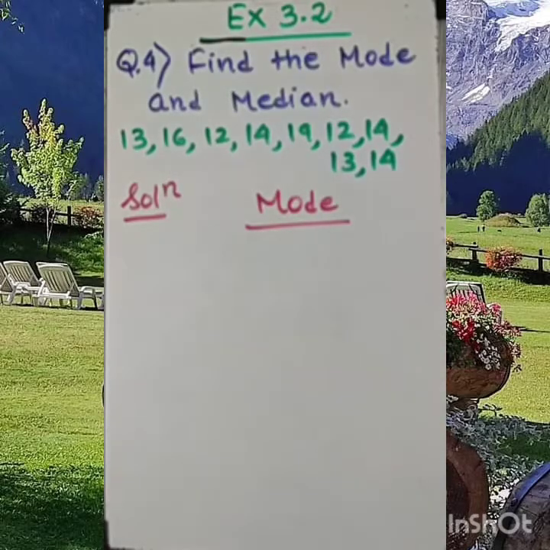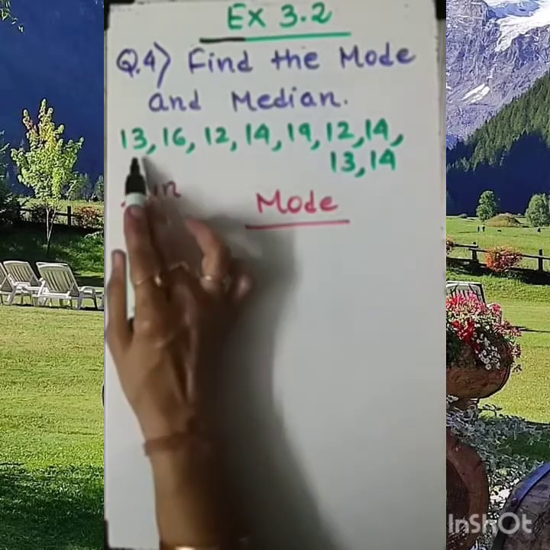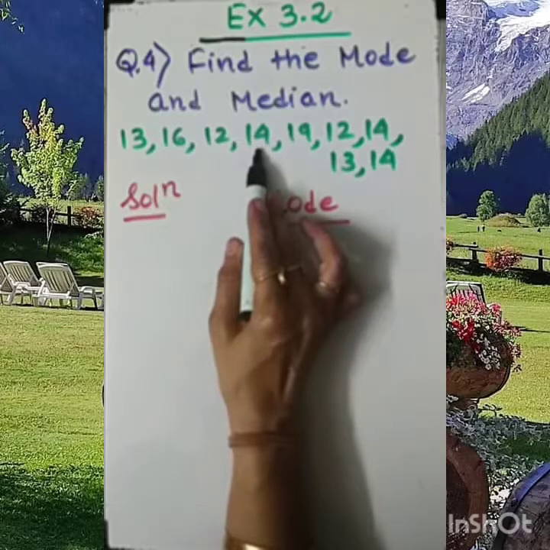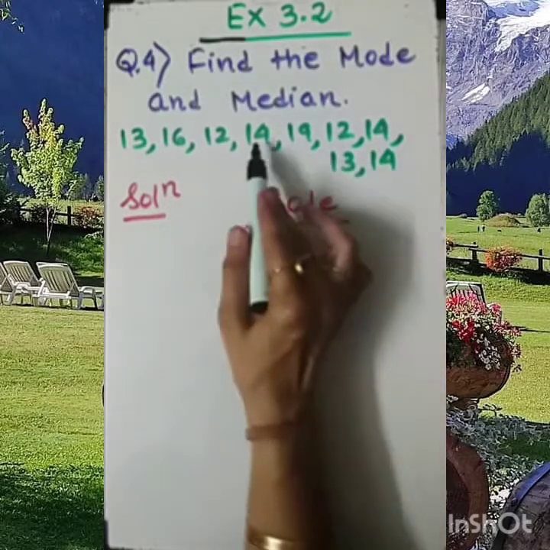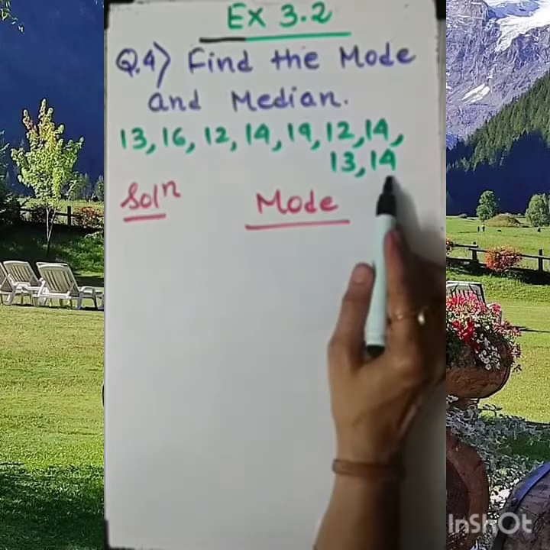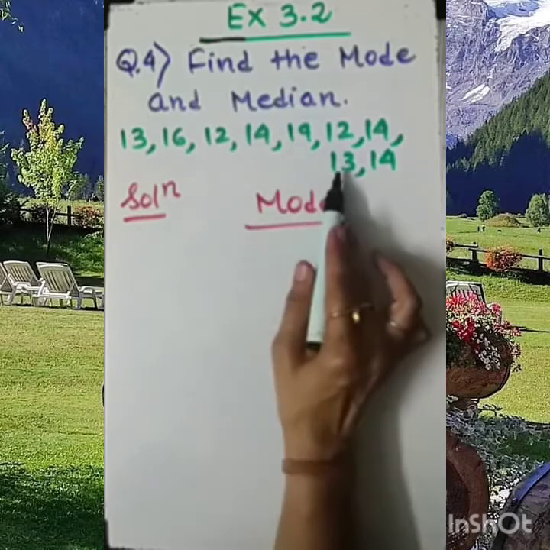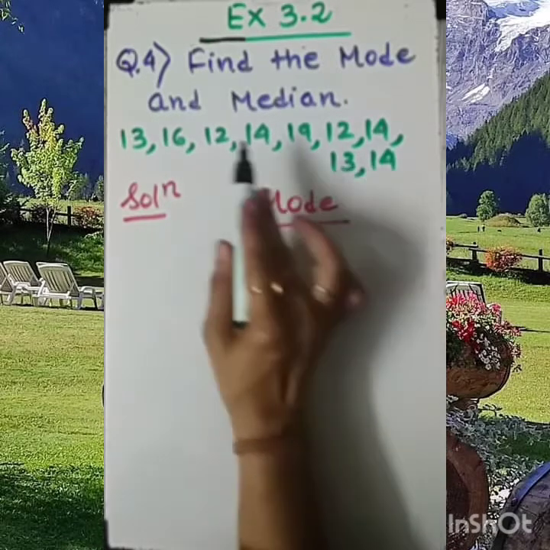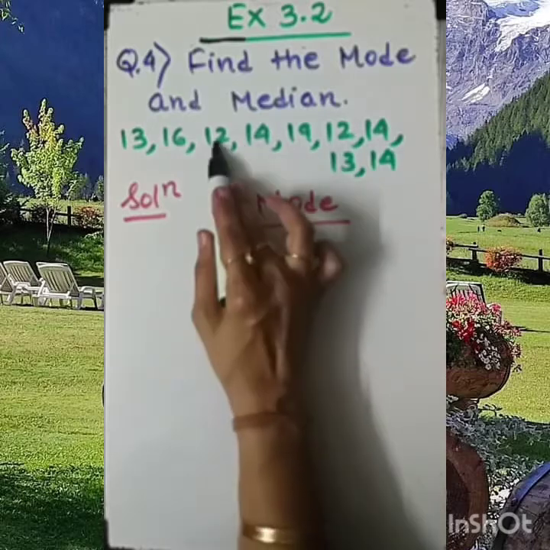So dear student, the observation which has been repeated in the given data, that has been considered as a mode. Here we can see, dear student, 14, 14 and 14. That has been repeated 3 times. Okay. Beside this, 13 is also there, and 13 is also repeated, and 12 is also repeated, but they are for two times.